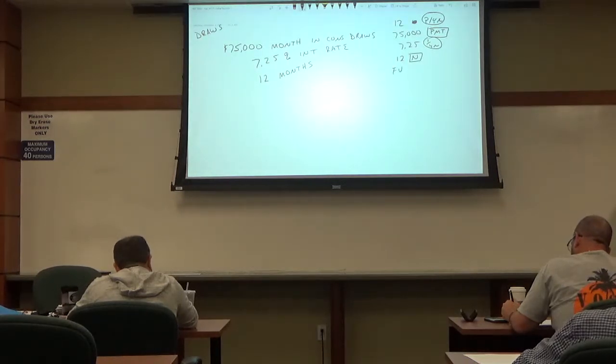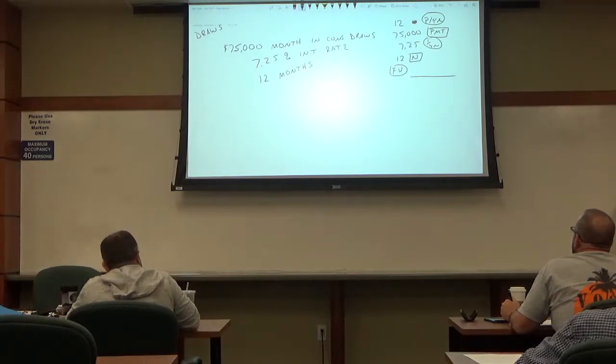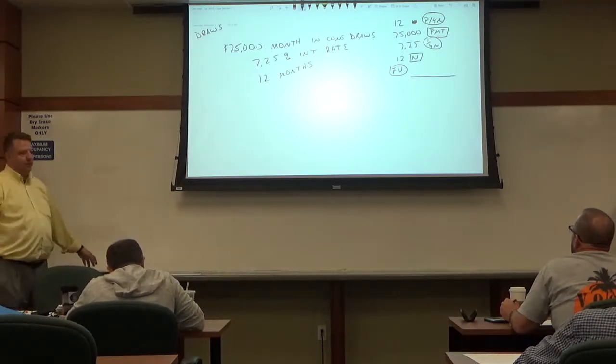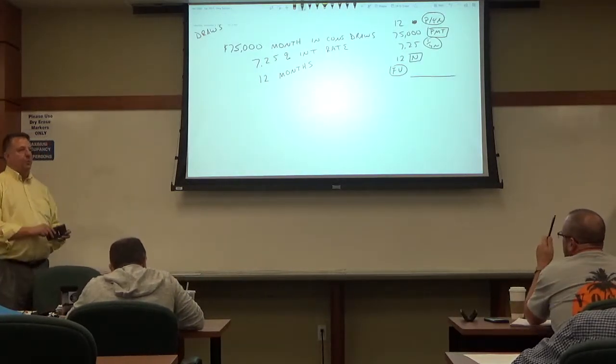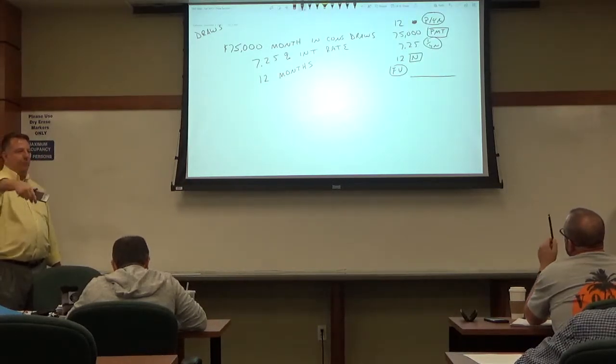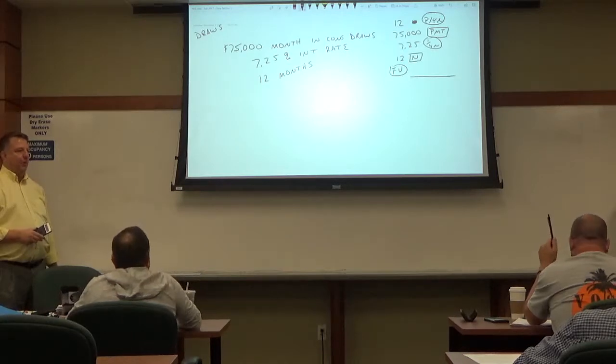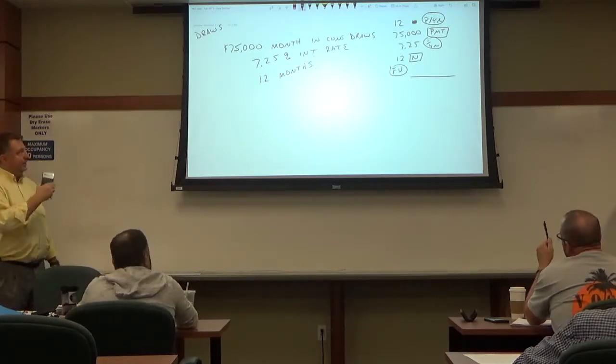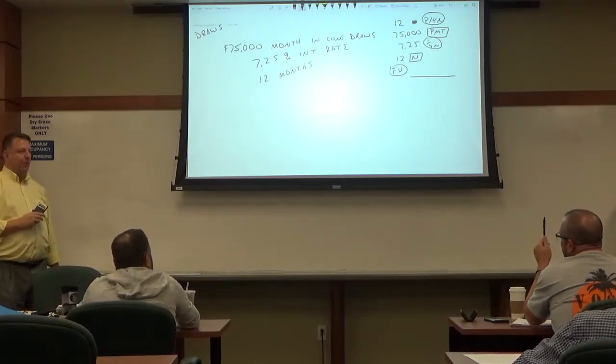Then simply solve for future value. You could make the 75,000 negative, but it doesn't really matter for this problem. Does that make sense, everybody? You're accumulating $75,000 each and every month for 12 months, and then you're paying 7.25% interest on that each and every month.